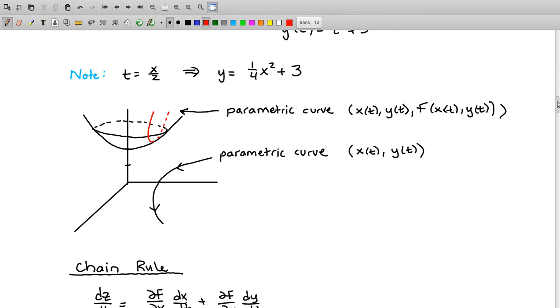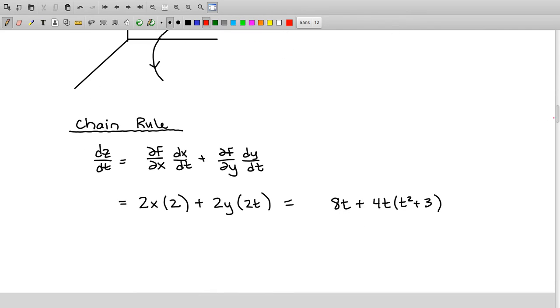Anyway, now let's just compute it. We have our formula for the chain rule. We can draw our little tree diagram if that helps you. Z, X, Y, T, T. And so the formula is partial f partial x times dx dt, plus partial f partial y times dy dt. And so we plug in what is partial f partial x, that's 2x.